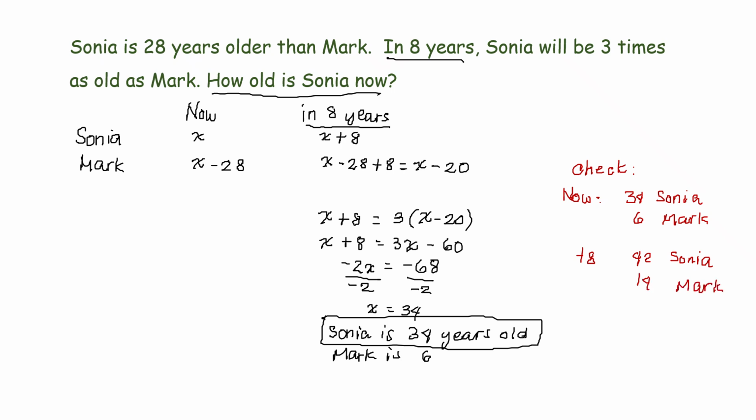It says at this time, after 8 years, Sonia, who is 42, will be 3 times as old as Mark, 14. So 3 times 14 is 42. That's correct, meaning our answer, Sonia is 34 years old, is correct.